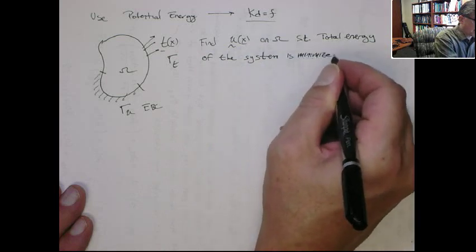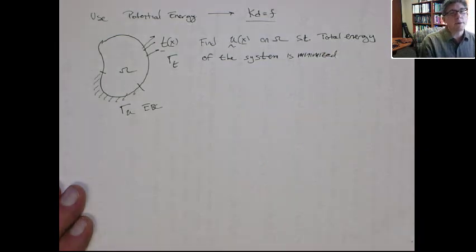What I mean by that is, there's an infinite number of solutions. You can pick different displacements, but the one that minimizes the total energy is the solution. Okay, this is sort of a principle of least action, if you will.